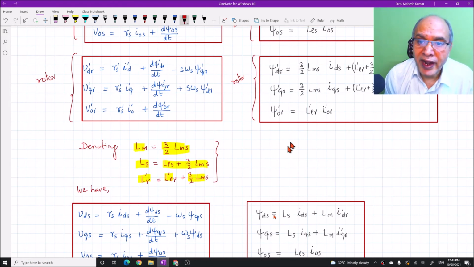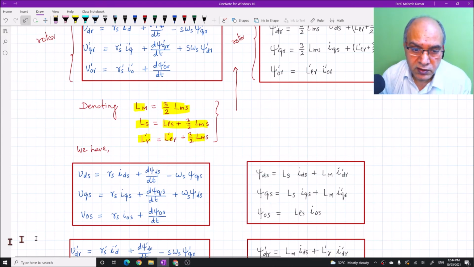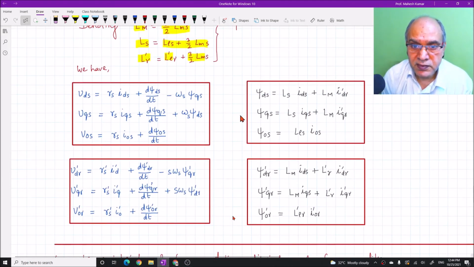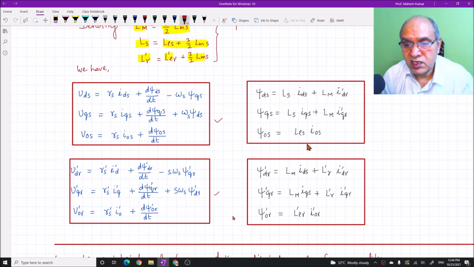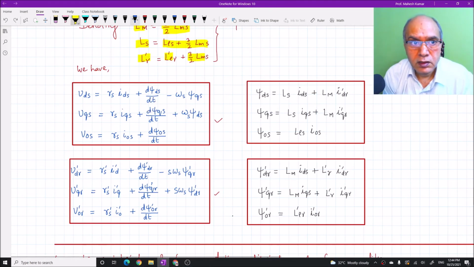Substituting these values back into these expressions here, we will get the following expressions. The voltage equations are the same, they will not change, but the flux linkage equations are far more simplified. This becomes LS here. This is LM. This becomes LS, this becomes LM.